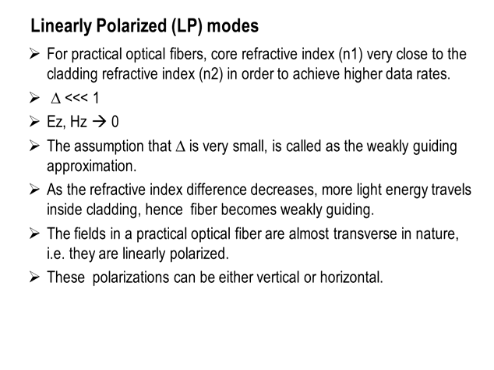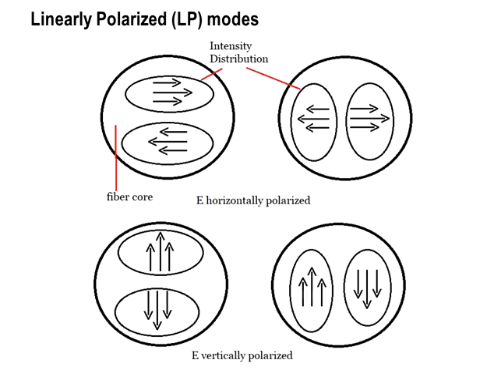So we can have 4 different cases for the linearly polarized modes. Either horizontally polarized, where 2 types of patterns can exist: the direction of the E field will be horizontal, but there can be 2 possibilities.